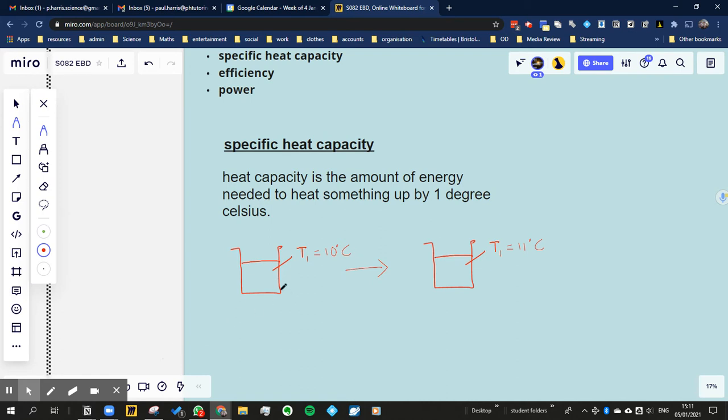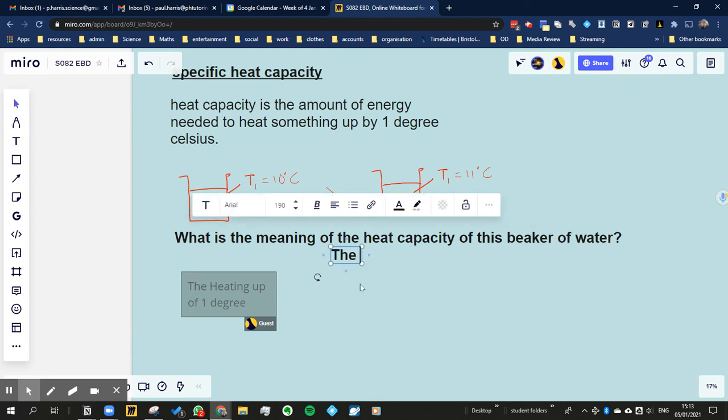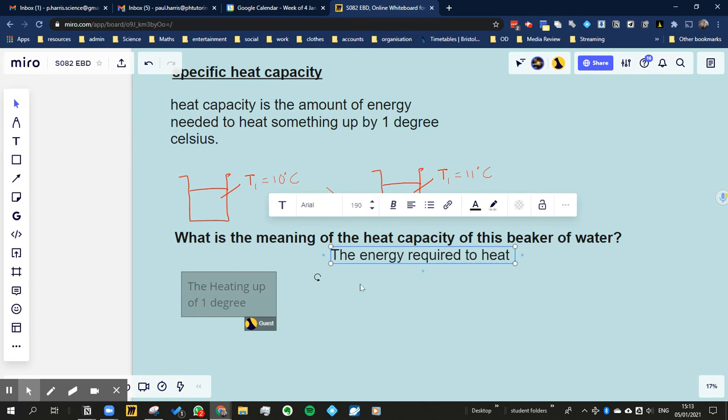It's not just the heating up of 1 degree, it's how much energy it takes to heat it up by 1 degree Celsius. That's what the heat capacity is.